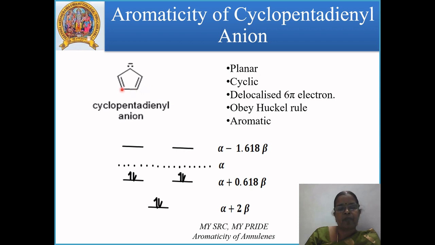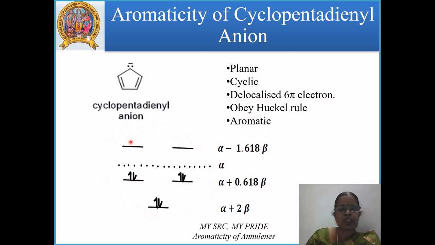Cyclopentadienyl anion. See the structure. 2 pi bonds are present, so 4 pi electrons. From this negatively charged carbon, a lone pair of electrons is delocalized. That leads to totally 6 pi electrons. This system is a planar cyclic delocalized 6 pi electron system and obeys Huckel's rule. So it is aromatic.